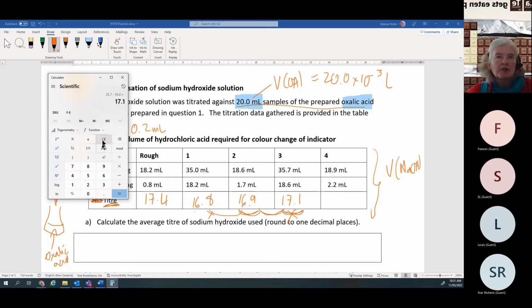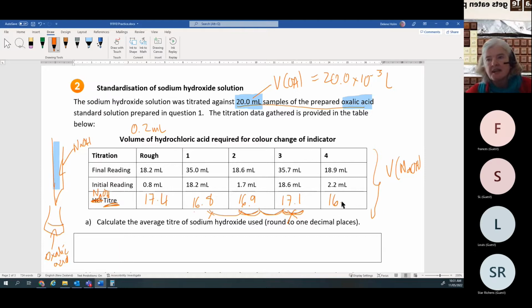So now we go 18.9 subtract 2.2, and that is 16.7. So I'm not going to do another titration. I am going to be using 3 results that are within 0.2. I can use that one, that one, and that one.